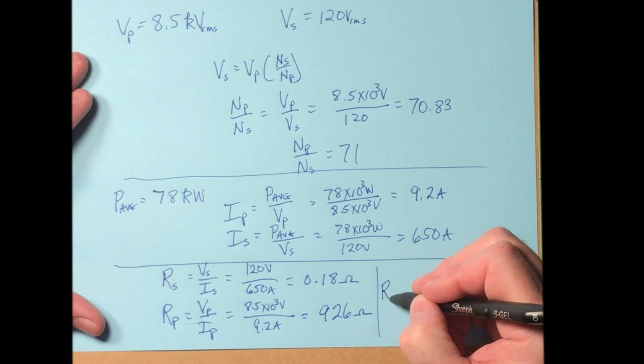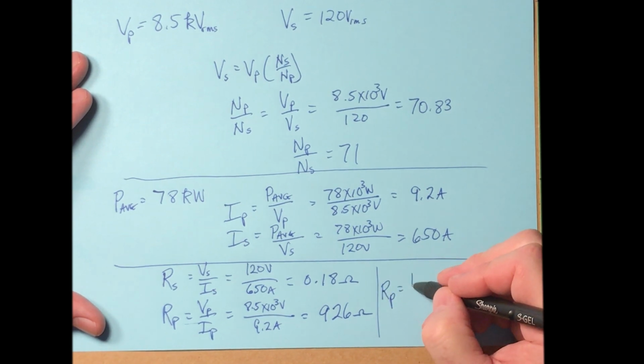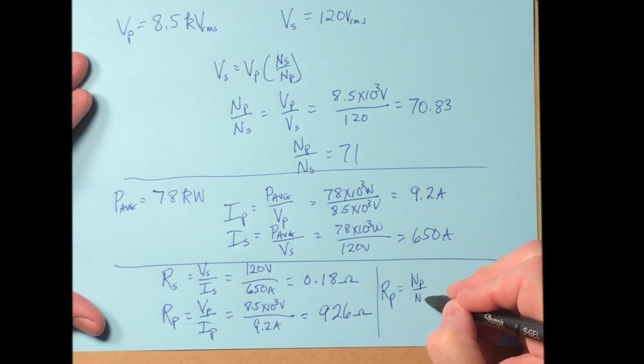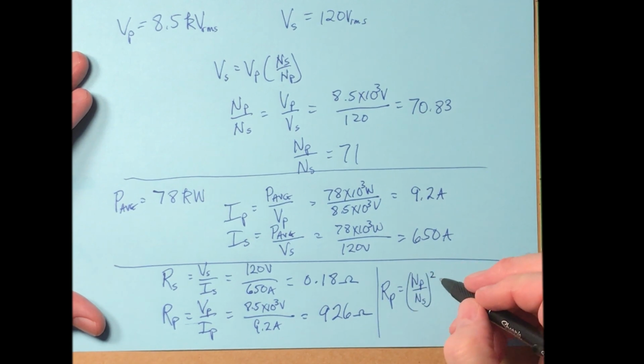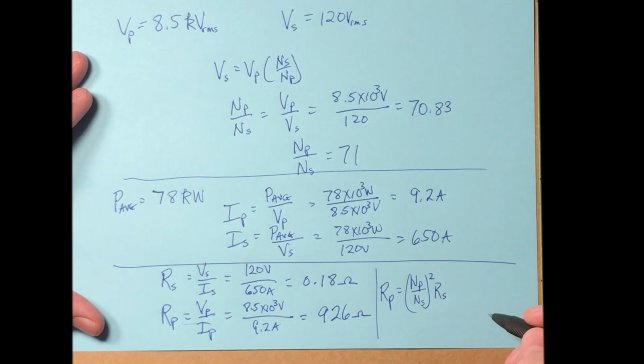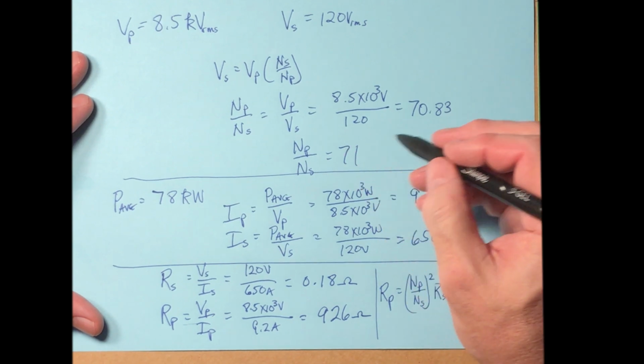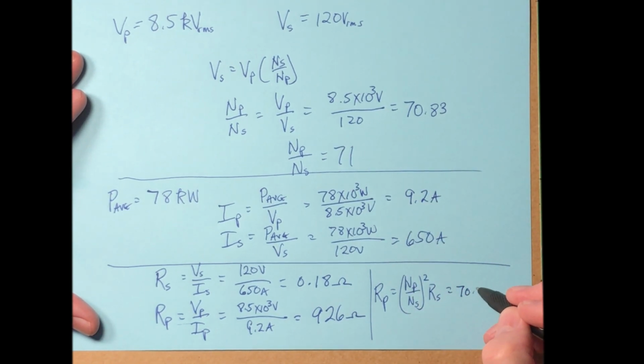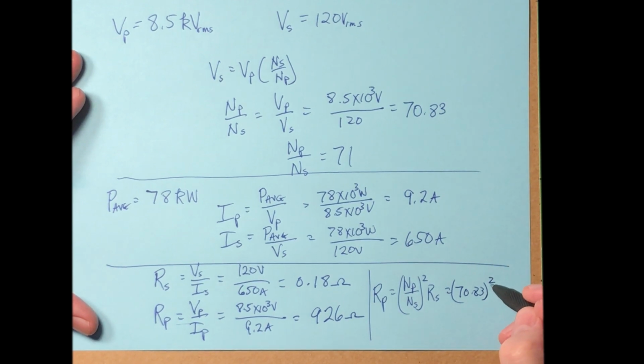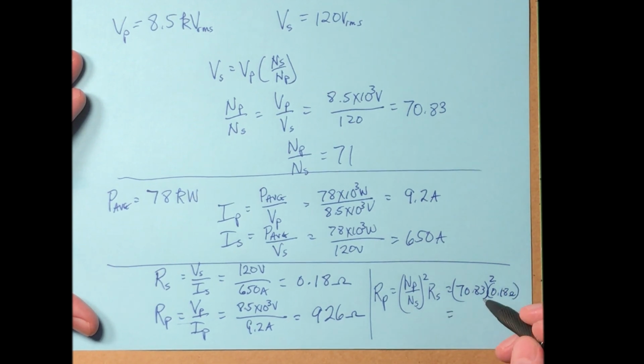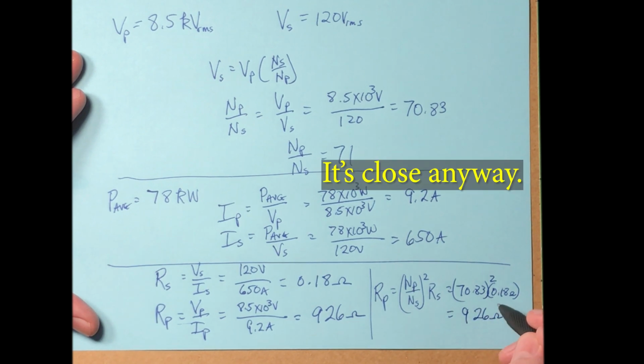Let's double check. R sub P should equal N sub P over N sub S, squared, times R sub S. Well, N sub P over N sub S, that was 70.83. We'll square that and multiply it times R sub S, which is 0.18 ohm. And that turns out to be 926 ohms. So, yep, they match.